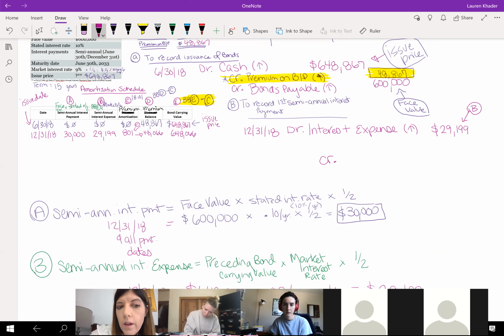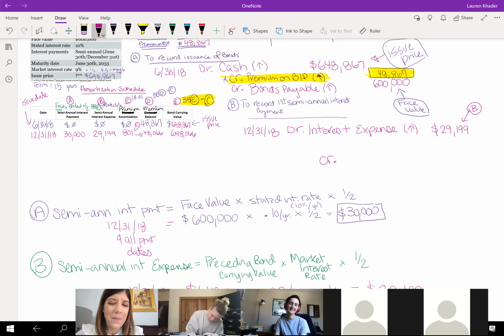We're going to credit what on December 31st, 2018? That's the bonds payable. Nope, not yet. We're not going to increase the bonds payable. What are we going to credit? It's a semi-annual interest payment date, right?